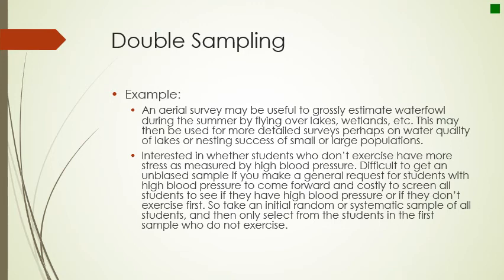Let's look at a couple of examples. So for instance, say you're interested in looking at the level of contaminants in lakes where common loons are found in the northeastern United States. Well, you might first do an aerial survey flying over many lakes in order to identify those lakes where loons occur. Maybe they only occur in 1 out of 10 lakes in the region that you're interested in.